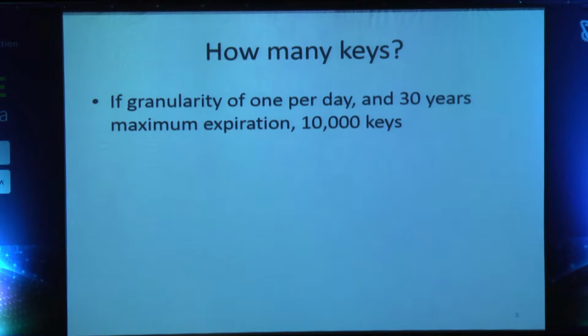So how many keys are we talking about? If the granularity is an expiration date on a day boundary, which is probably, a week would probably be good enough, but let's say on a day boundary and up to 30 years, that's 10,000 keys, which is nothing.